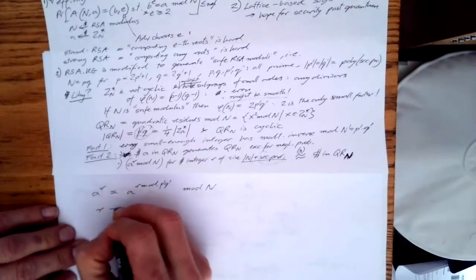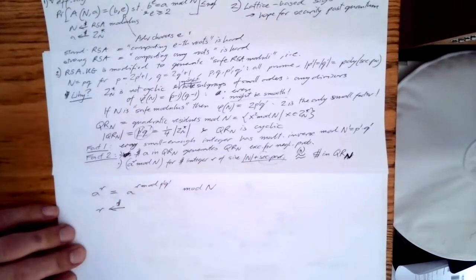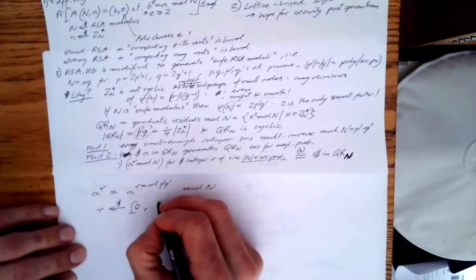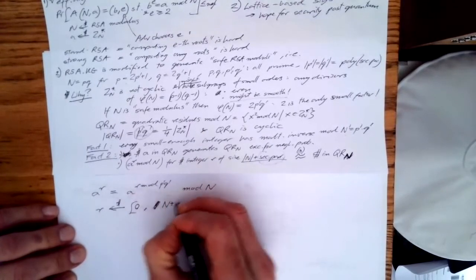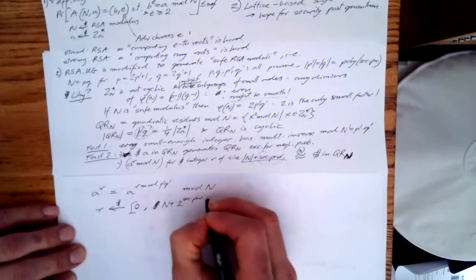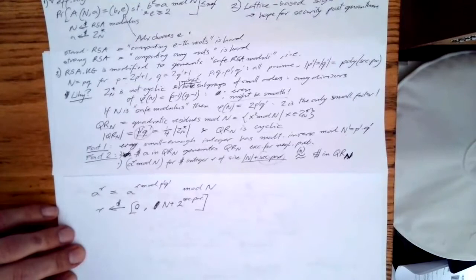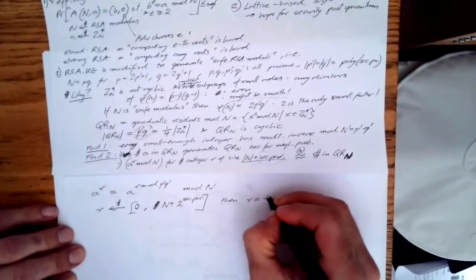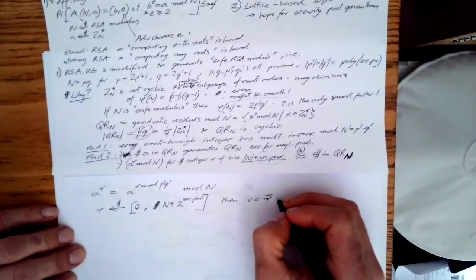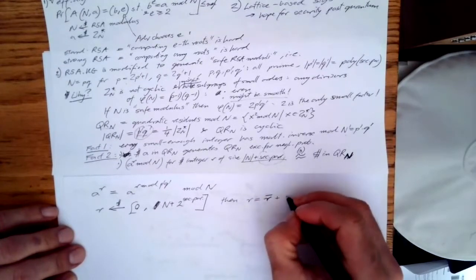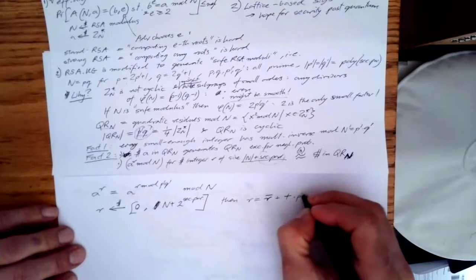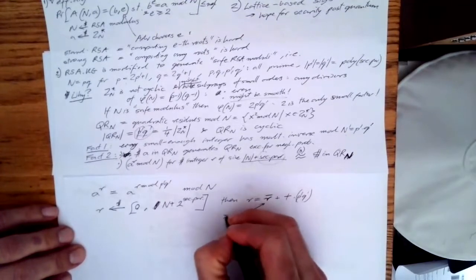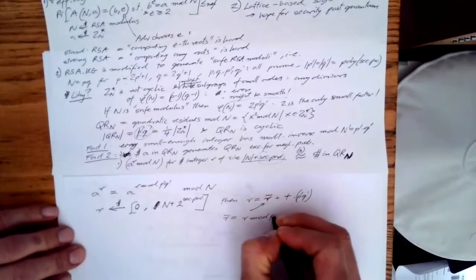If r is a uniform integer between 0 and n plus 2 to the security parameter, then r can be written as r hat plus t times p prime q prime, where r hat is just r mod p prime q prime.